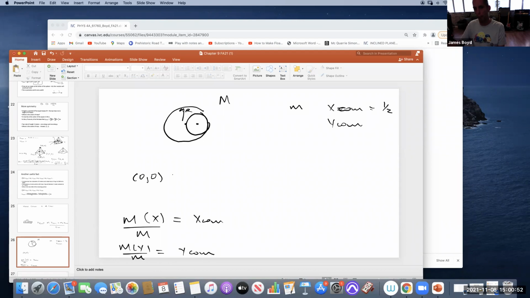Okay, this point right here is at 1/2 and it's at 0. Y doesn't help us because these originally were 0 and 0, but what about X?